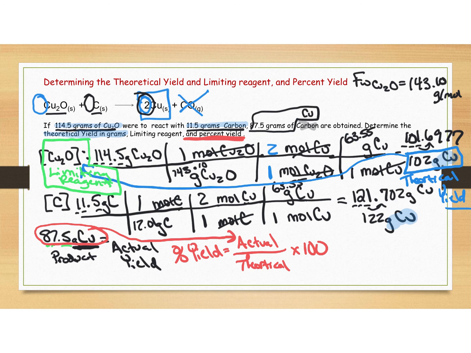My theoretical yield is what I determined when I did the first process. So I'm going to take the 87.5 and divide it by the 102.